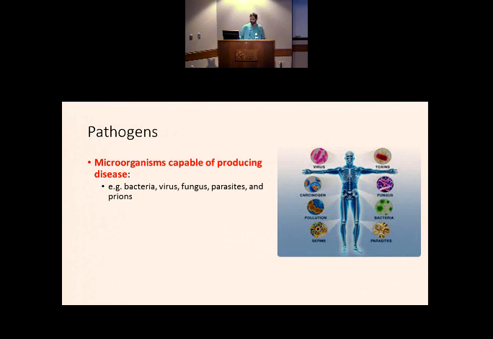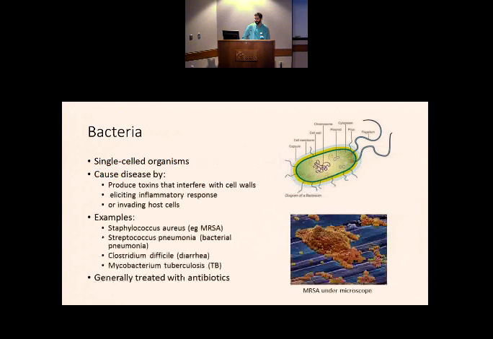So pathogens are microorganisms capable of producing disease. Examples are bacteria, viruses, fungus, parasites, prions. Bacteria are single-celled organisms, and they cause disease by producing toxins that can interfere with the cell walls, eliciting an inflammatory response, or invading host cells and messing with their machinery.